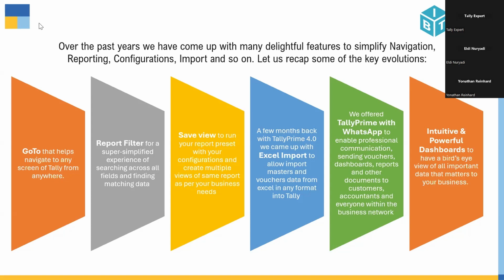Coming to report filters, the report filters we have given in TallyPrime are more simplified and more powerful than ERP 9. The report filters which were available in ERP 9 were fine, but there were some conditions getting applied to the data, and users needed to be very careful while filtering the data.